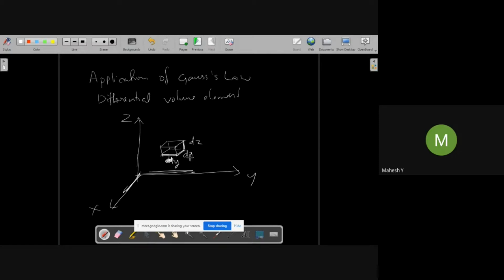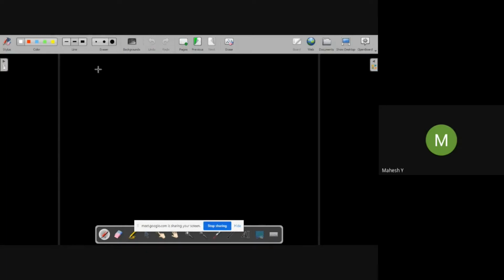Right. So how many surfaces are there for this volume element? 6 surfaces are there, right? The top, bottom, left, right, front, and back. So our closed integral D dot dS, this is what Gauss's law says.